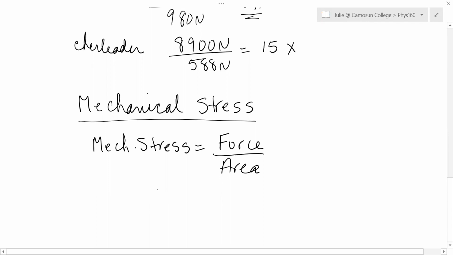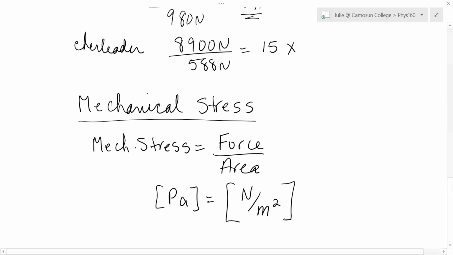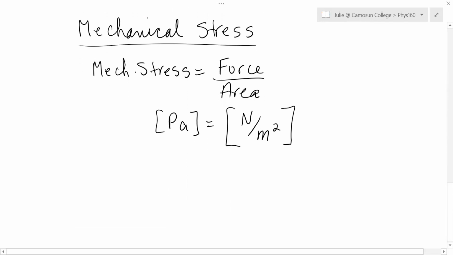The units for this, remember, are pascals. Those are the SI units, and the definition of a pascal is a newton per square meter. Okay, so let's look at the stresses exerted by these forces. We'll take the area, and then we'll do the mechanical stress.